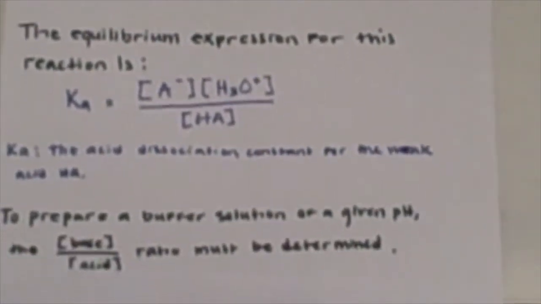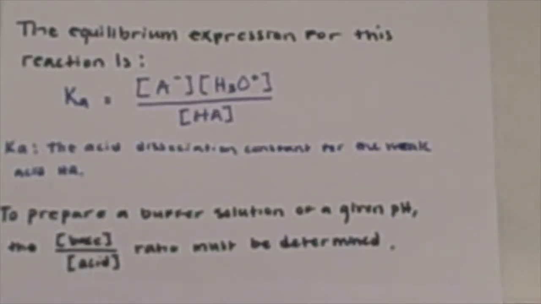In order to prepare a buffer solution of a given pH, the base to acid ratio must be determined. And we can determine this using the Henderson-Hasselbalch equation, which uses the definition of pH in order to convert it into this equation.